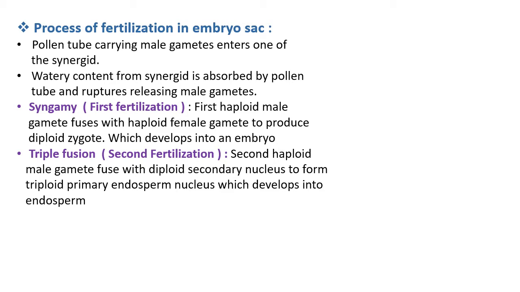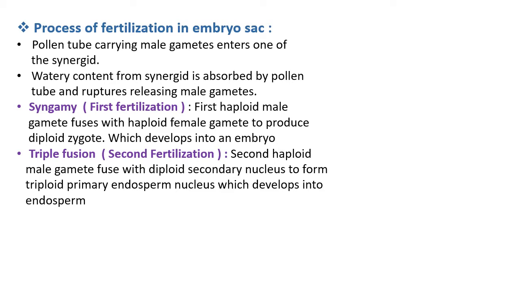The pollen tube carrying male gametes enters one of the synergids in the embryo sac. The pollen tube absorbs watery content from the synergid and ruptures or breaks, and it releases male gametes inside the embryo sac.